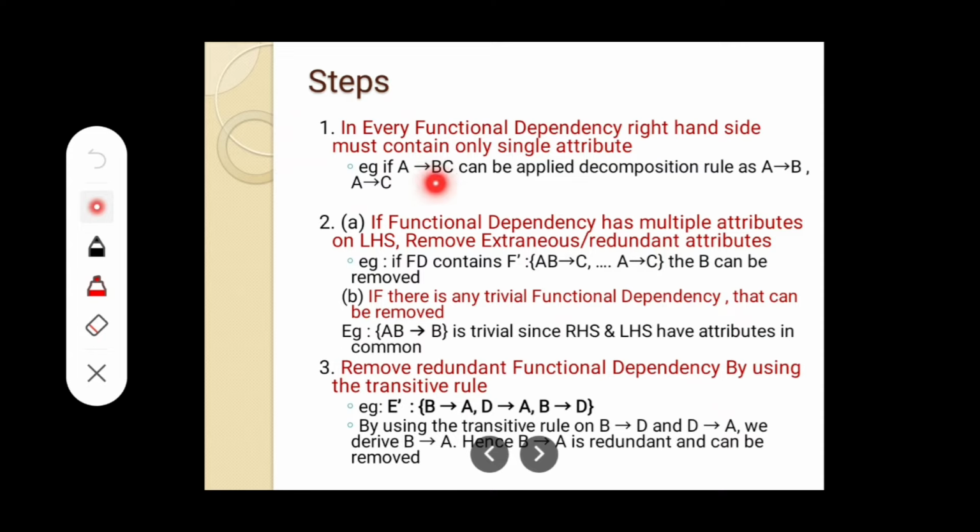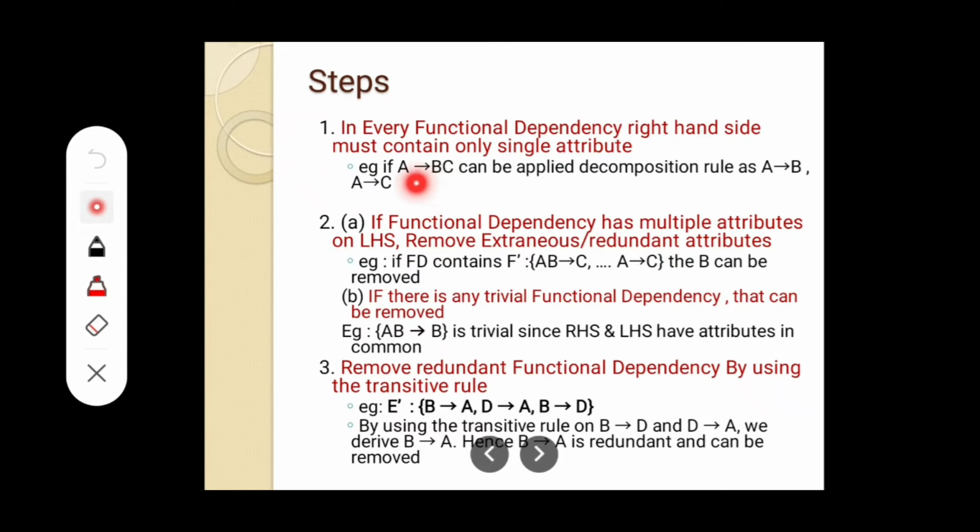ഇവിടെ നോക്കിക്കേ, A determine BC. Here we are having 2 attributes B and C. അങ്ങനെ വരാൻ പാടില്ല. That has to be eliminated. How can we eliminate that? We have already studied the 6 inference rules. In that we studied the decomposition rule. Decomposition rule is the splitting of the attributes in the RHS.